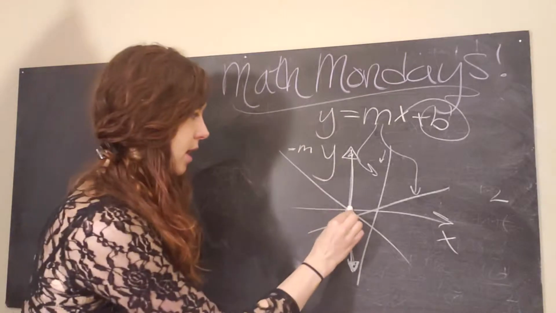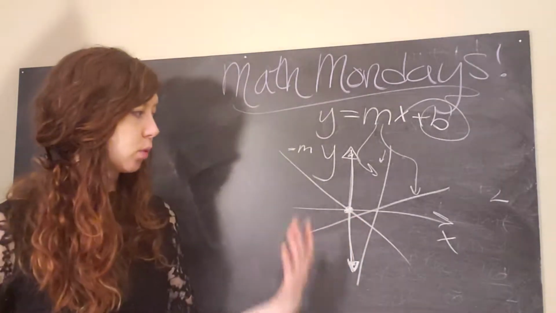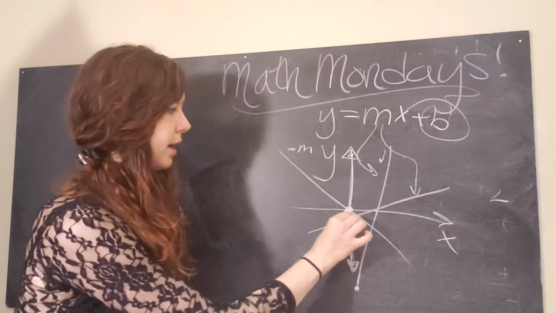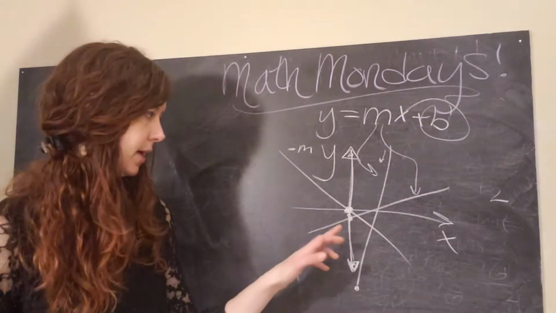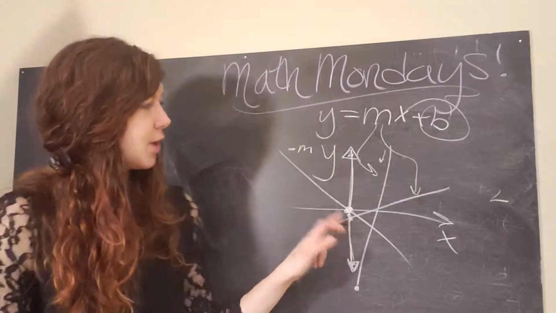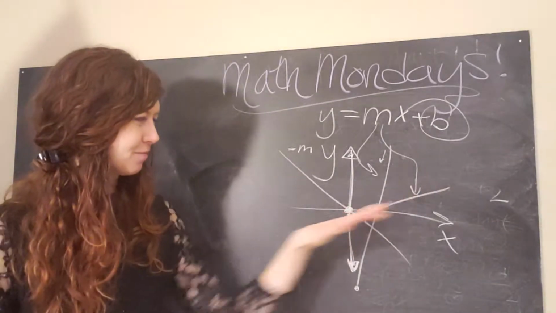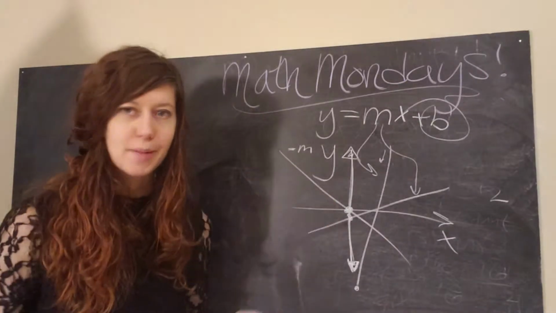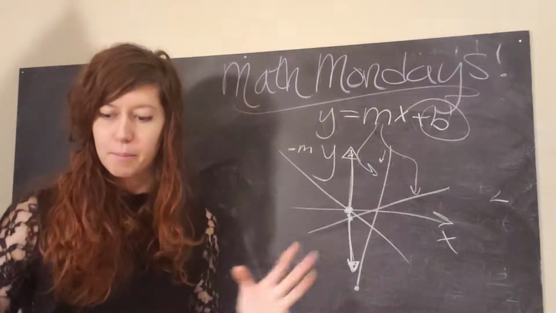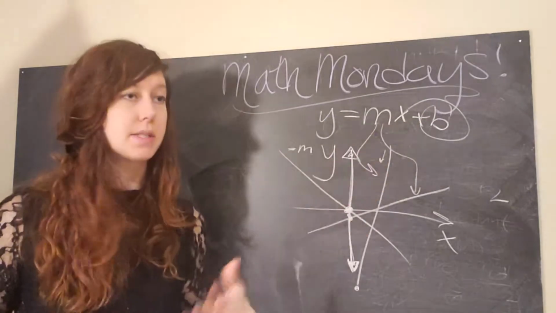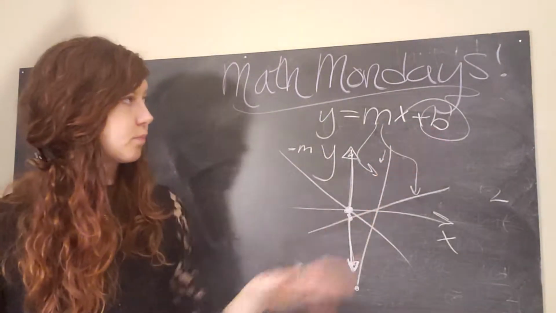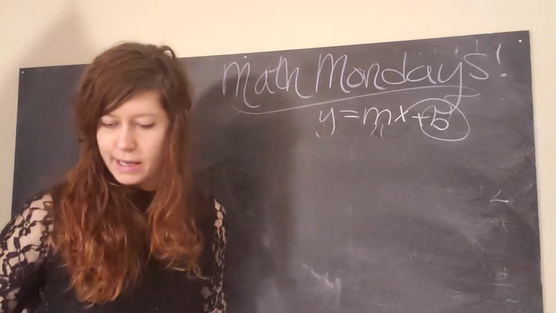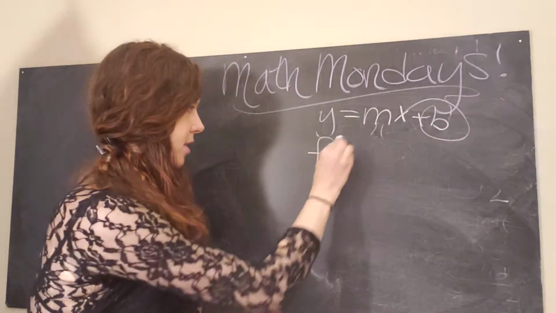So in this line, the y-intercept looks to be 0. In this very steep line, it's somewhere down here, and in this less steep, gentle line-ish, it's just below 0. I didn't draw any tick marks because I just want to give you a big picture sense of what these concepts mean.